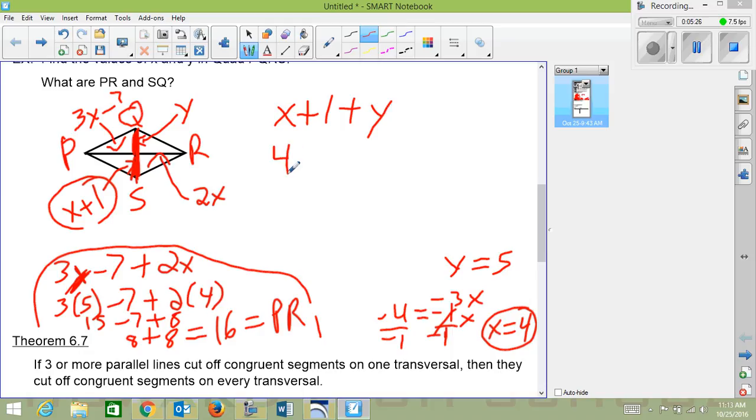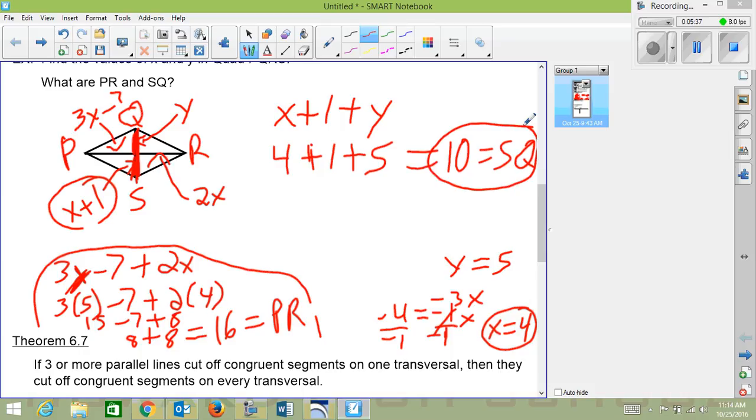Plug in your numbers, 4 for x and 5 for y. 4 plus 1 plus 5 is 10, so SQ equals 10. We had to use a lot of steps to get that, but it is possible. We started with solving the system, and then once we solved the system, we plugged the numbers back in to get our final answer.